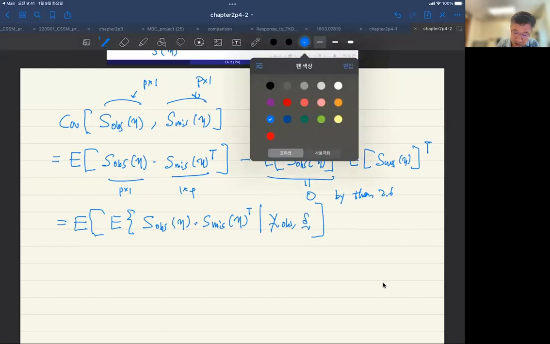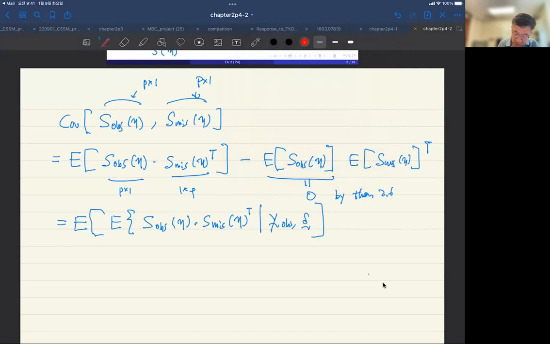So you can see that, conditional on this, this is constant with respect to y obvious and delta. So conditional on this, there is nothing random.